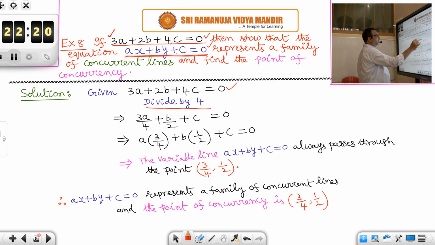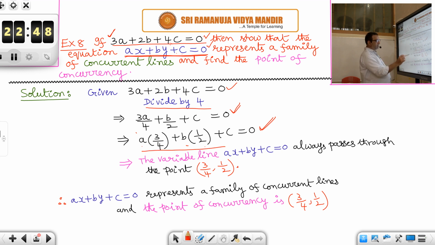Divide by 4. So 3 by 4 a plus 2 by 4 b, means 1 by 2 b, plus c is equal to 0. Can I write it like this then? a into 3 by 4 plus b into 1 by 2 plus c is equal to 0.